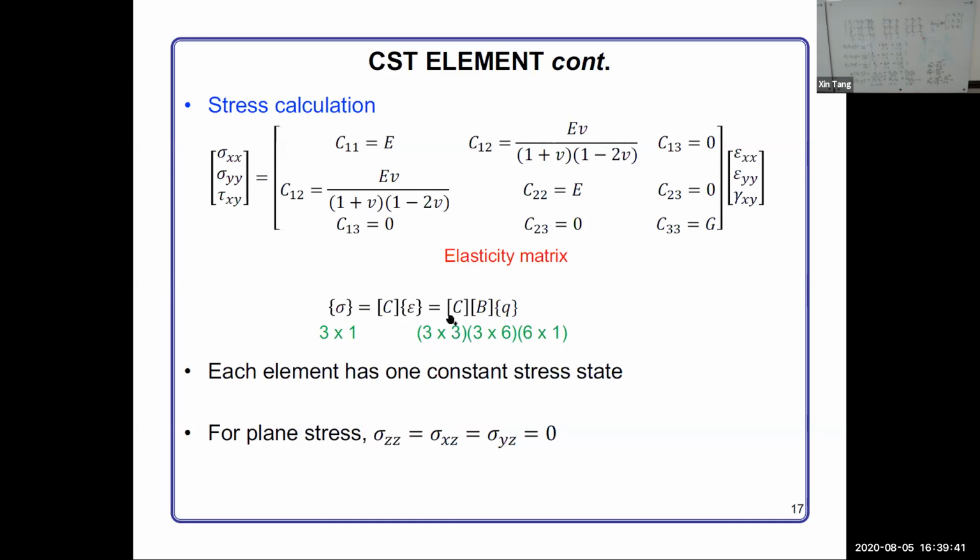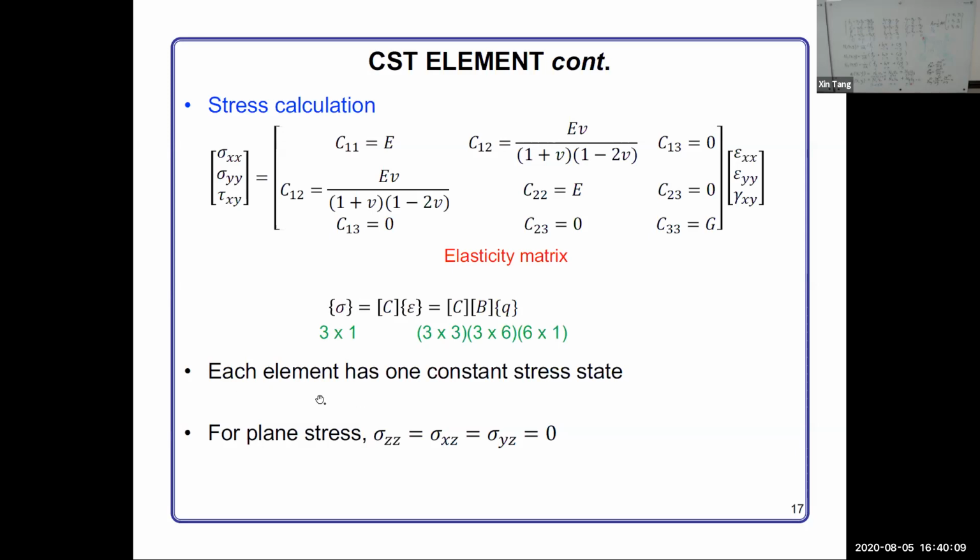Now, the C matrix, as we see here, is not a function of X and Y, so this is a constant. The B matrix, which we already talked about in the CST elements, is also a constant, not a function of X and Y. Q is the degree of freedom, the node displacement of the 3 nodes, which are also constant. So eventually the stress is also constant.